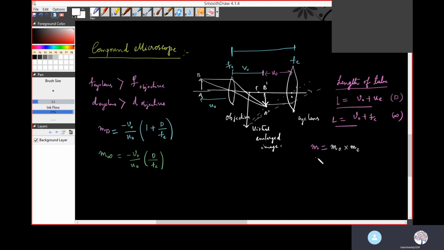Okay, now see here what we have done: this is objective magnification, this is eye lens magnification.